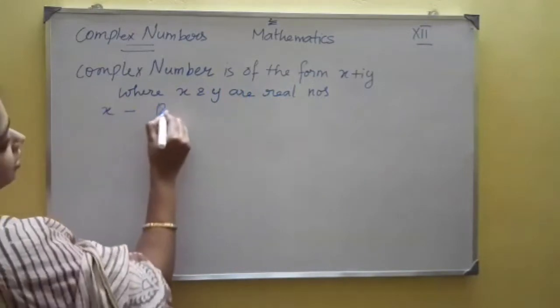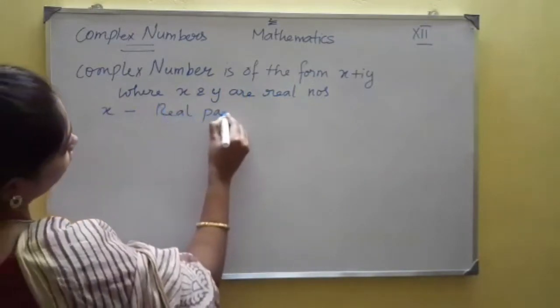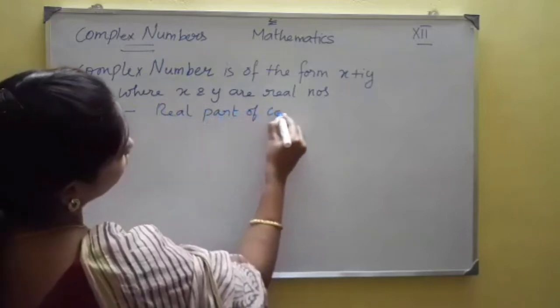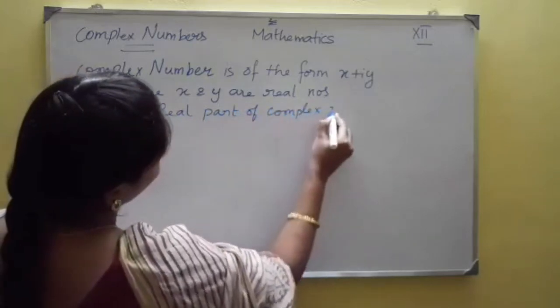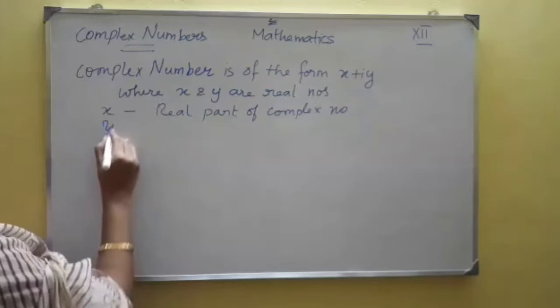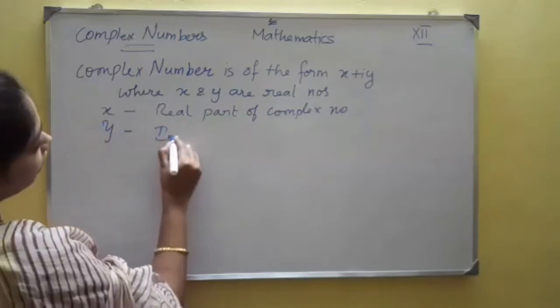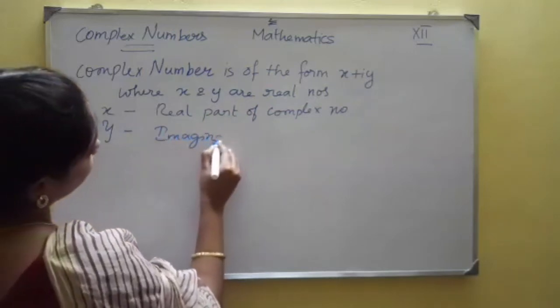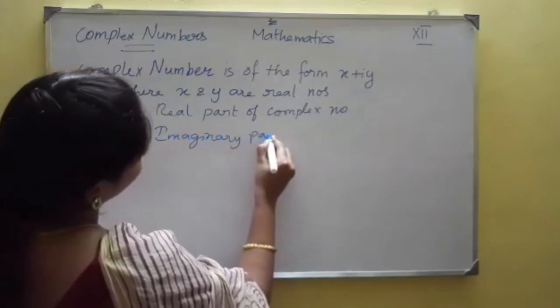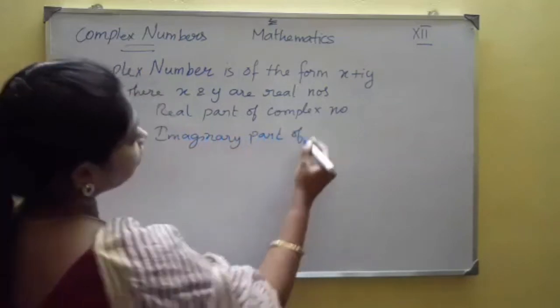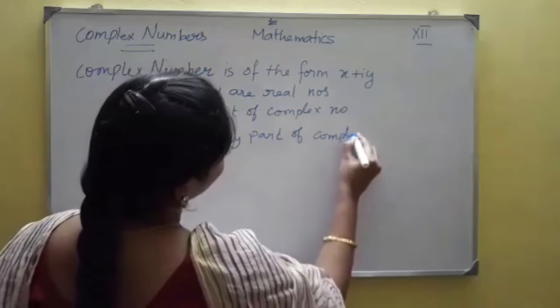X is called the real part of the complex number. Y is called the imaginary part of the complex number.